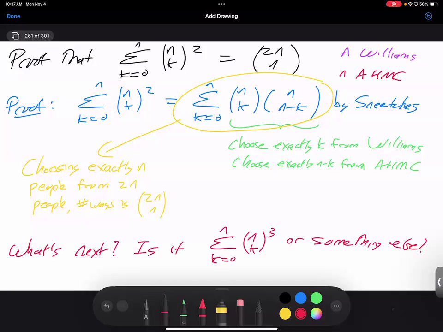In this case, I could write it as n choose k squared. But am I really computing n choose k squared? Maybe I'm choosing k people from Williams and k people to exclude from the Amherst Harvard Michigan. No, I'm not choosing people to exclude. I'm choosing n minus k people from the Amherst Harvard Michigan Consortium.